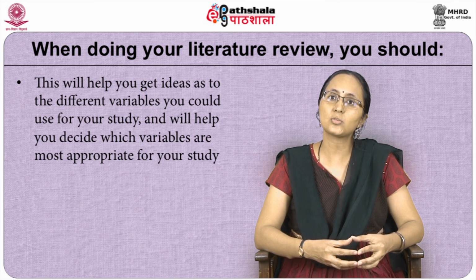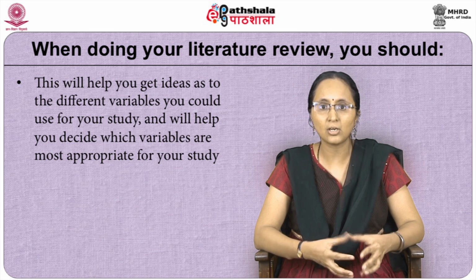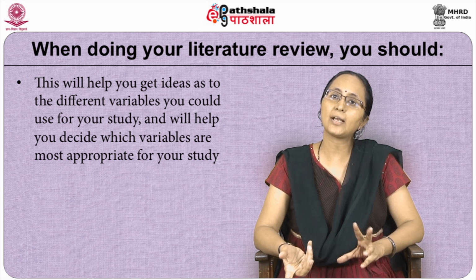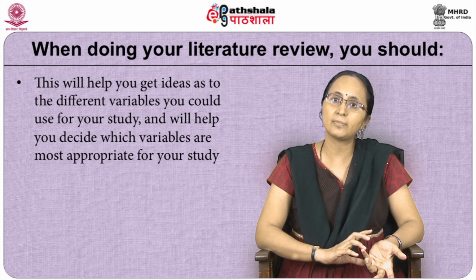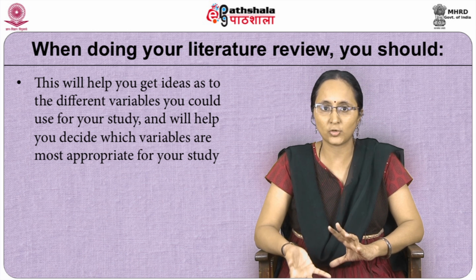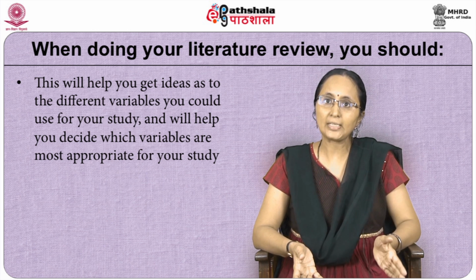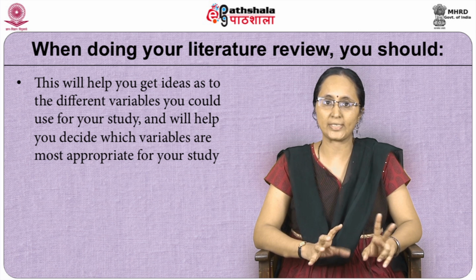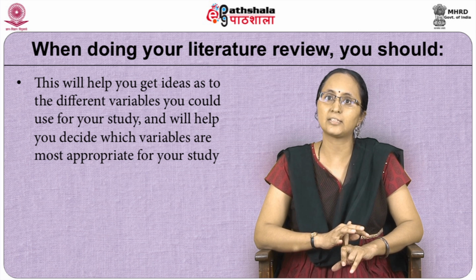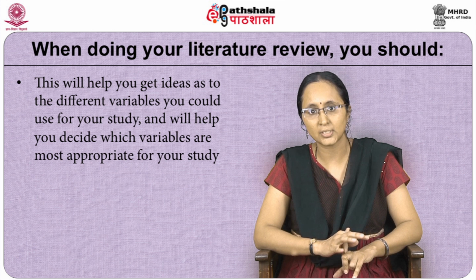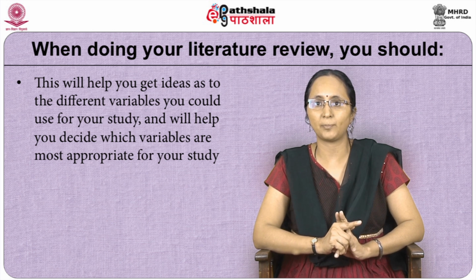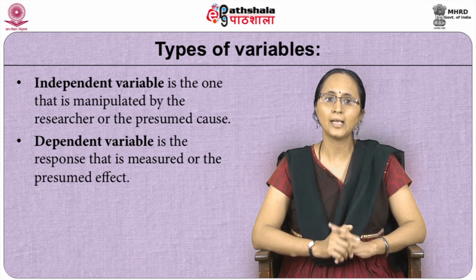Doing so will help you get a clearer idea on the different variables that you can use, and also help you understand which variables are most appropriate for your study. Doing this kind of analysis of your literature review will help you in two ways. First, it will help you understand the different variables that you can use, and second, it will help you decide which are the most appropriate variables for you to use.